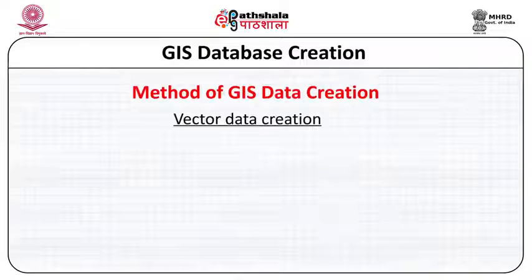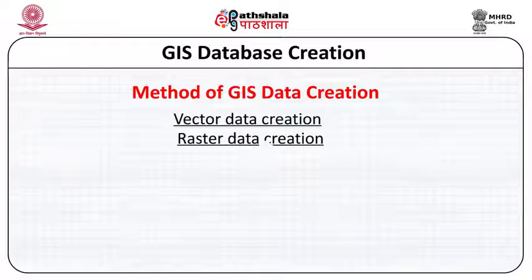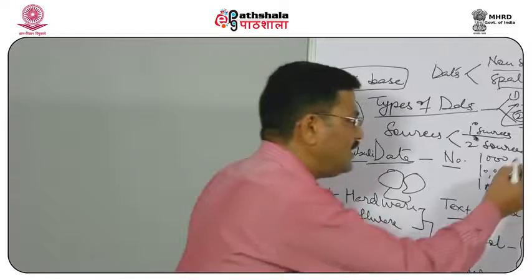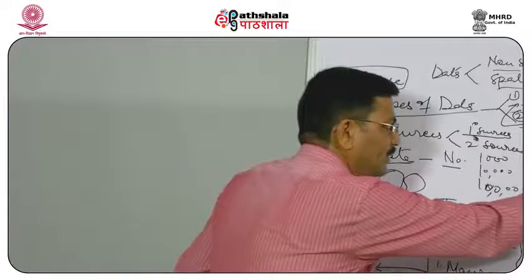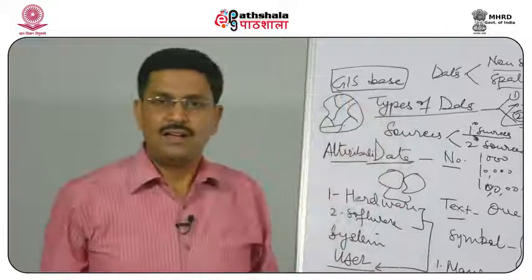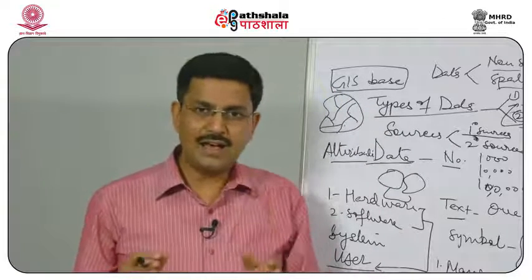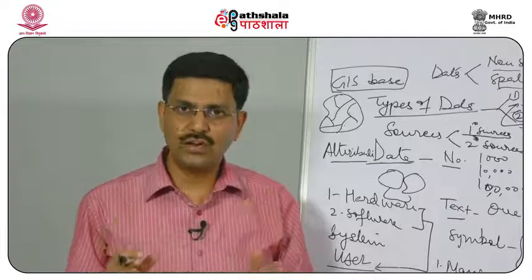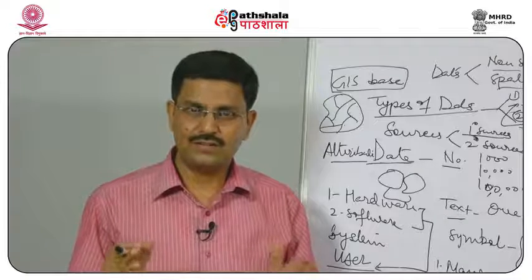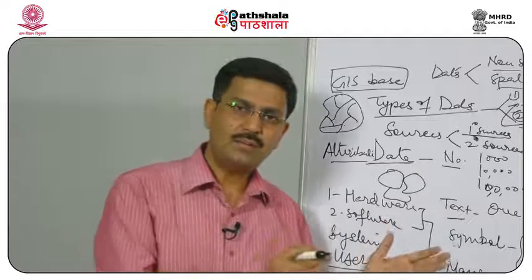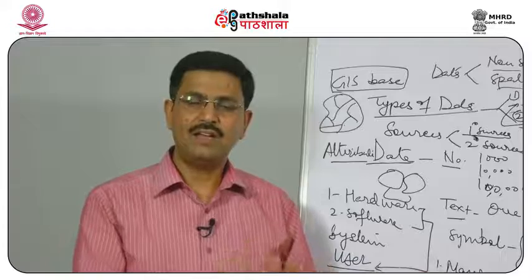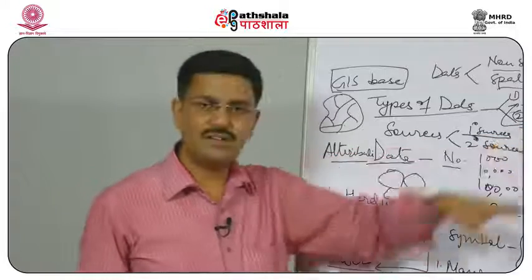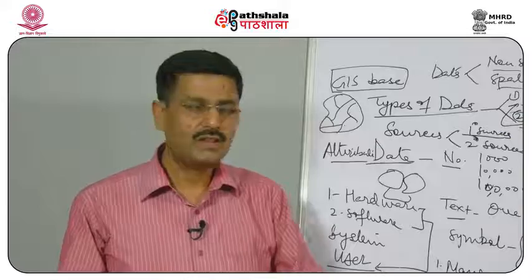Take raster data, which is most important, and for this we use satellite data. As I said, these satellite data are geocoded, or if not geocoded, we need to geocode or georeference it, which is the same, and then we can put it in a GIS domain. Once we geocode or georeference, it truly represents a particular part of the surface of the earth.